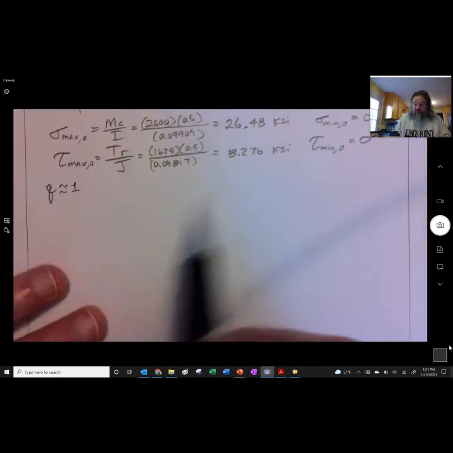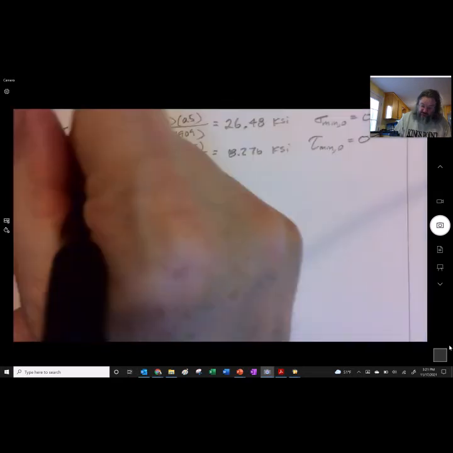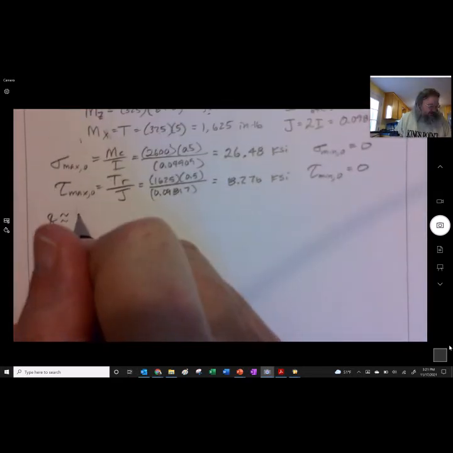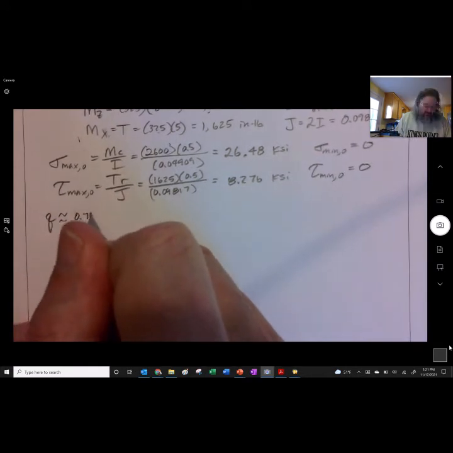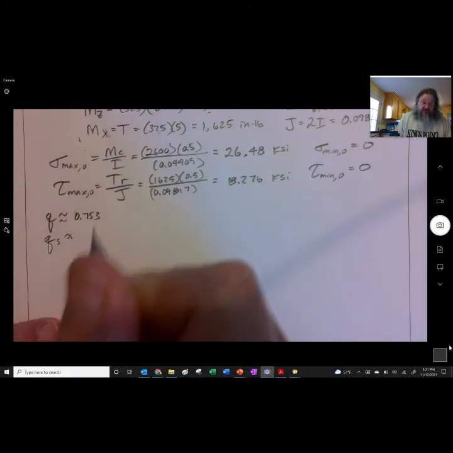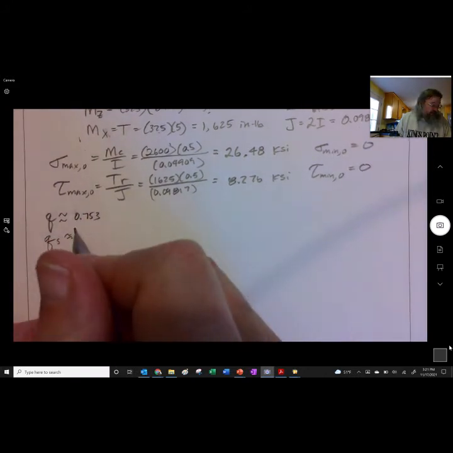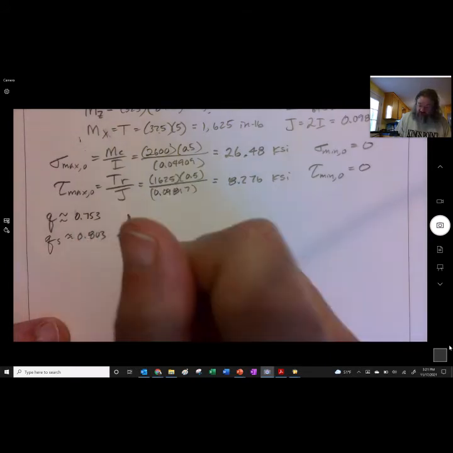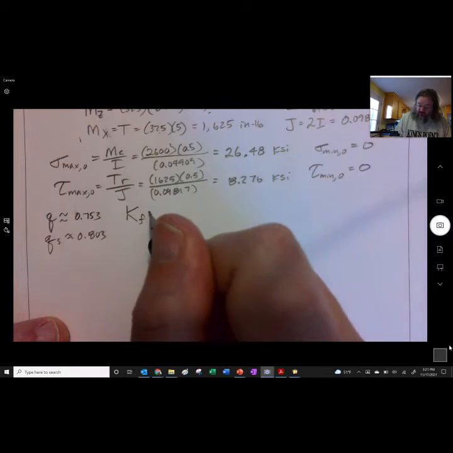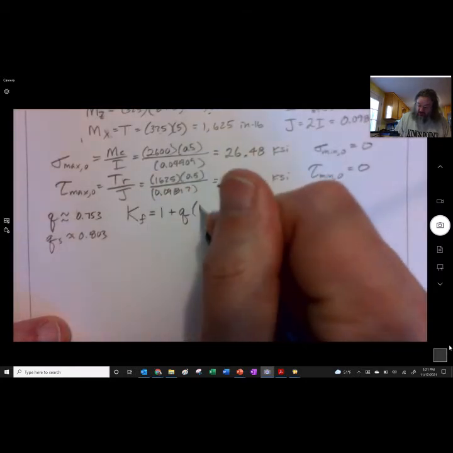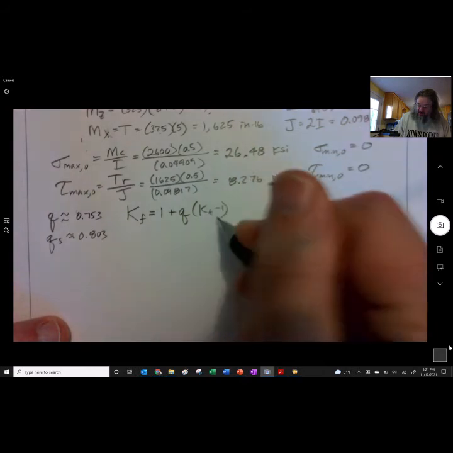So we can look up this Q in figure 620 and get 0.753. We could do the same thing for the shear one in figure 621, and it's 0.803. So our capital KF is 1 plus Q times our KT minus 1.